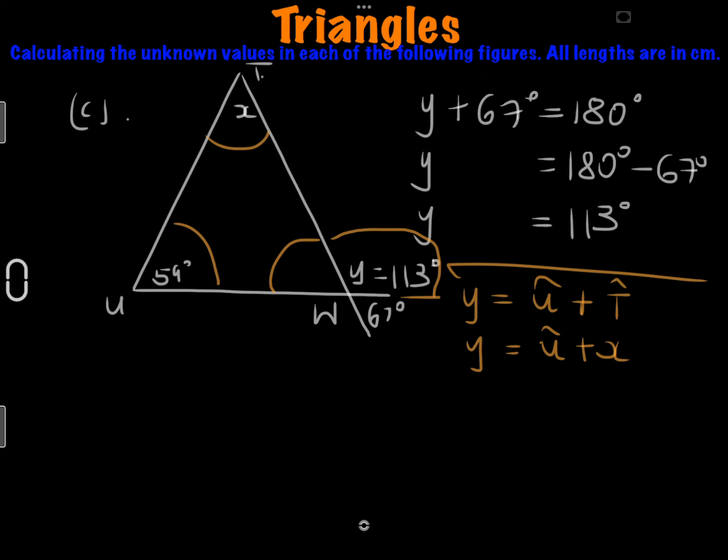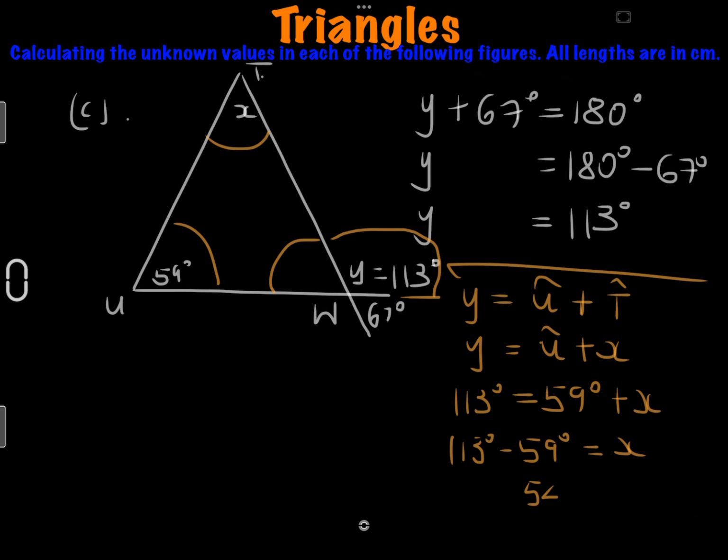Y we found to be 113 degrees, which is equal to U, in this case 59 degrees, plus X. So by substitution, we have 113 degrees, subtract 59 degrees, is equal to X. So 113 subtract 59 gives us 54 degrees.